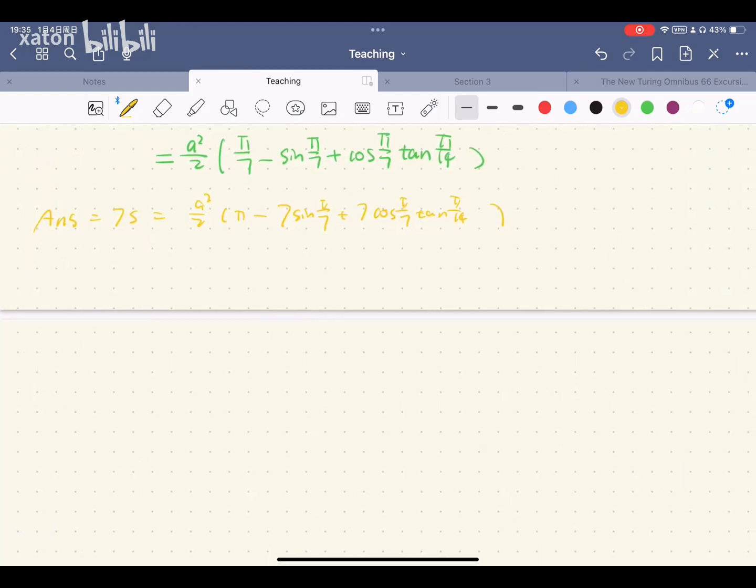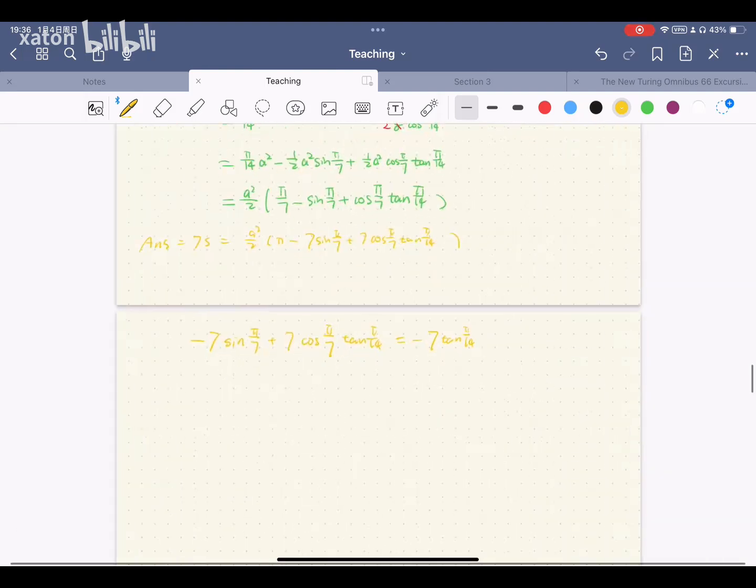So what we are going to prove is actually minus 7 sine pi over 7 plus 7 times cosine pi over 7 times tangent pi over 14 equals minus 7 times tangent pi over 14. That is what we are going to prove.